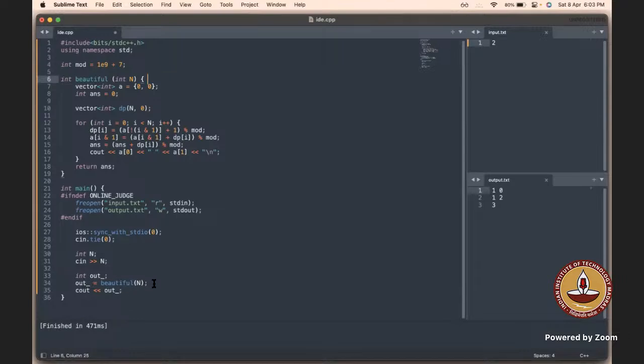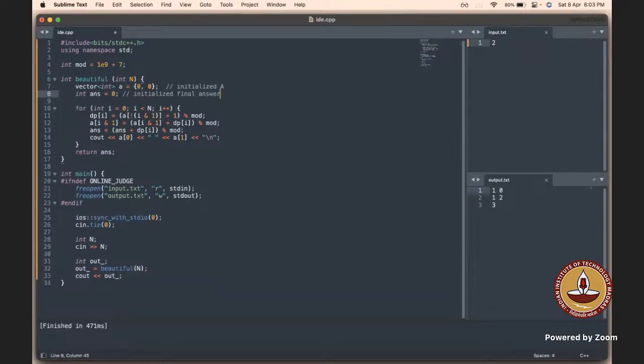So our code will call the beautiful function with input n. Now there is the algorithm where it starts. We have initialized this vector, and we have initialized our final answer. Actually, this wasn't necessary. What I'll do is just remove it for now.